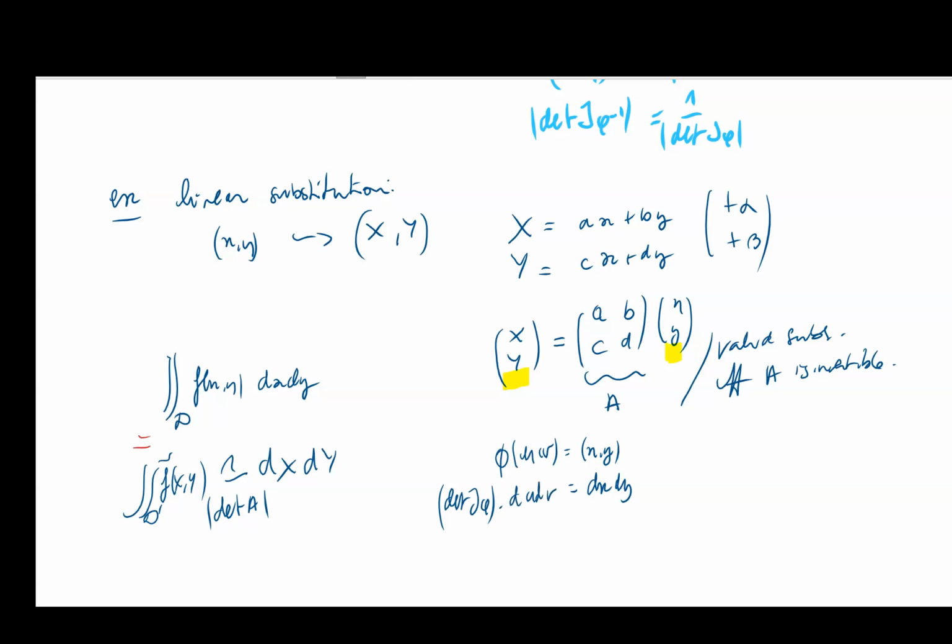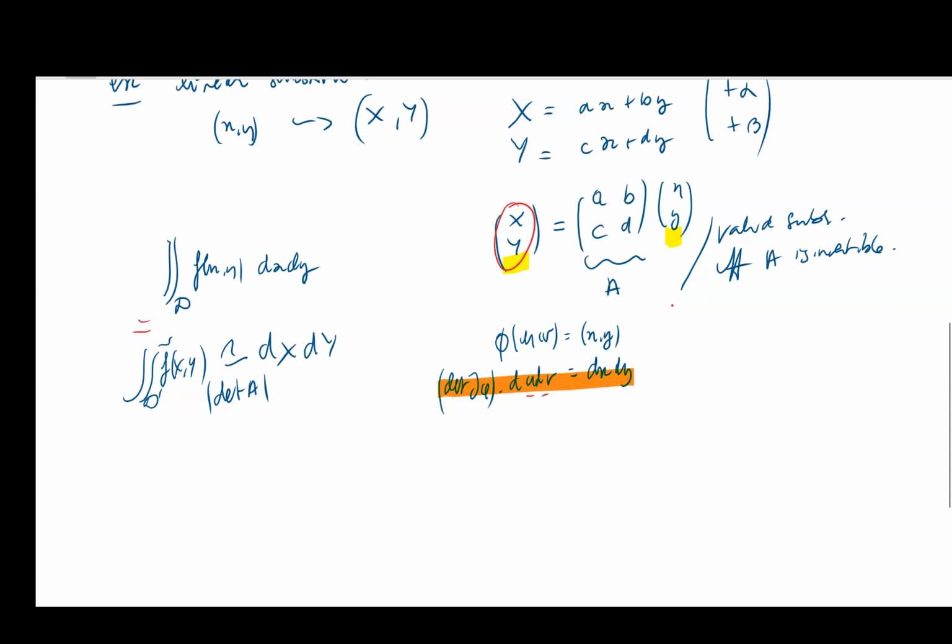That's the formula you have to remember and also know how to use. In our case, what plays the role of u, v? Well, I've called them big X, big Y.